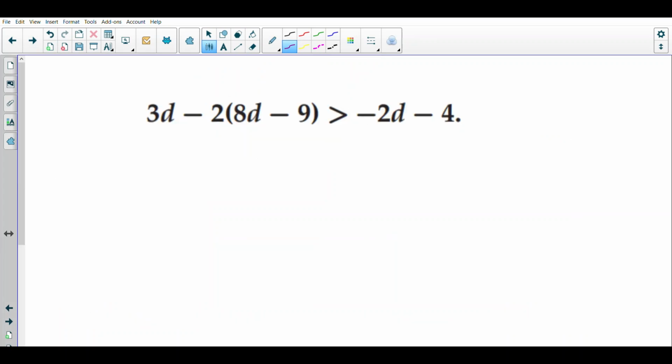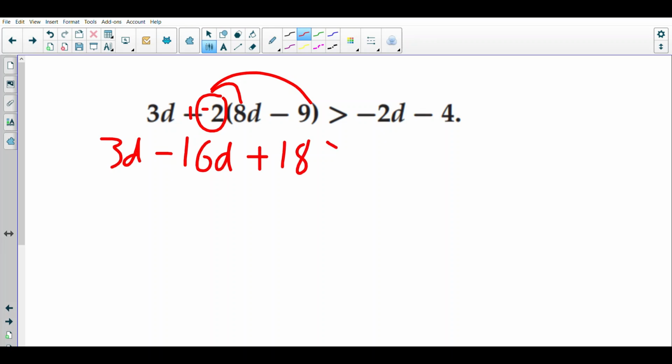Now 3d minus 2 times the quantity 8d minus 9 is greater than negative 2d minus 4. First things first, we have to distribute. Remember, after you add the opposite, you're actually distributing that negative 2. So I get 3d minus 16d plus 18 is greater than negative 2d minus 4.